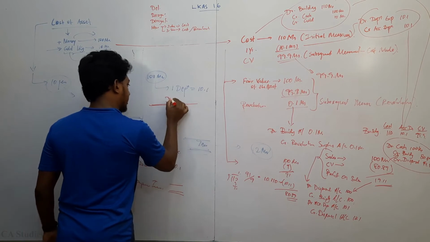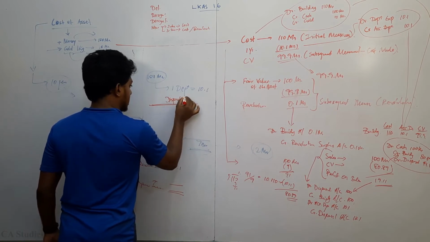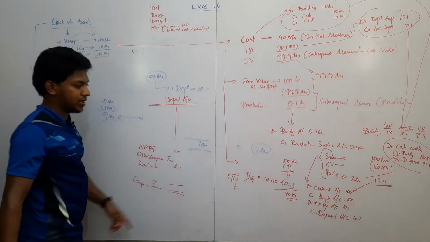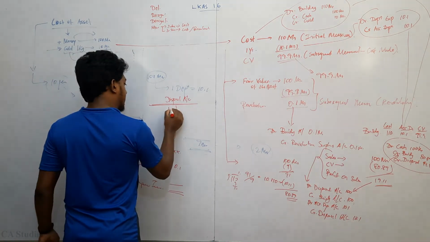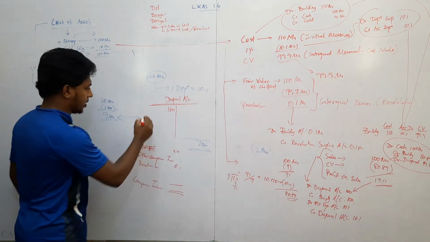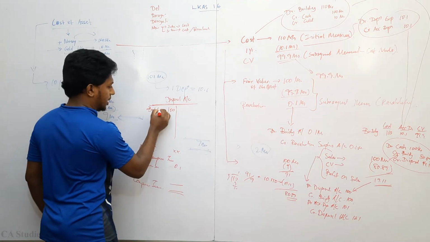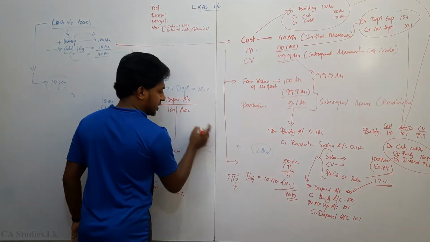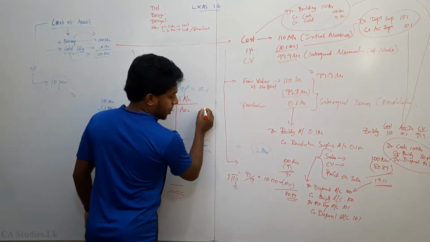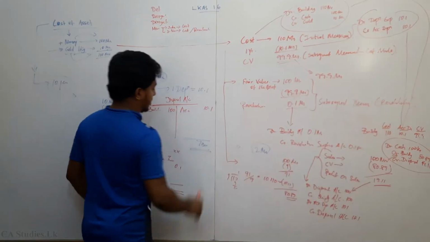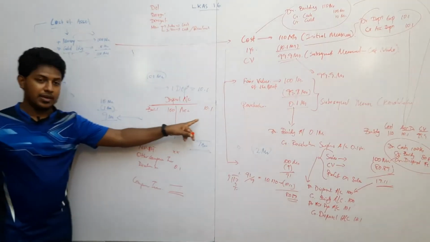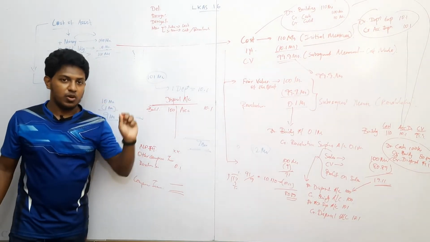Say the disposal of building account is like this: we first debit 100 million, right? Building debit 100 million, credit accumulated depreciation 10.1 million. So the net value is 99.1 million.